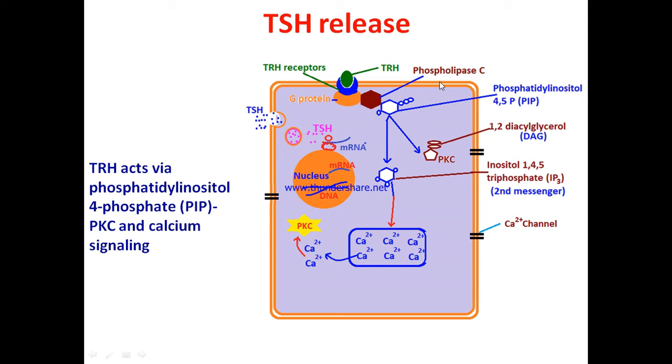When this phospholipase C is activated, it breaks down phosphatidylinositol 4,5-bisphosphate, that is PIP2. As a result, a two-way process will activate protein kinase C. One is the formation of 1,2-diacylglycerol. The second is the formation of inositol 1,4,5-triphosphate, that is IP3, which is a second messenger.